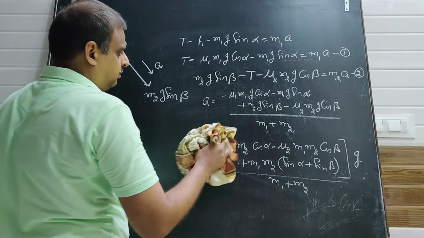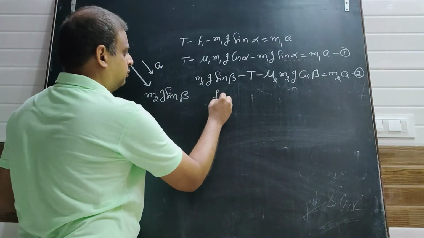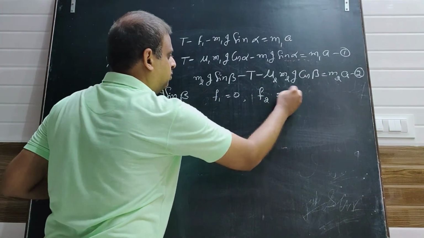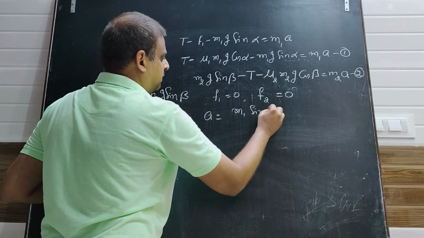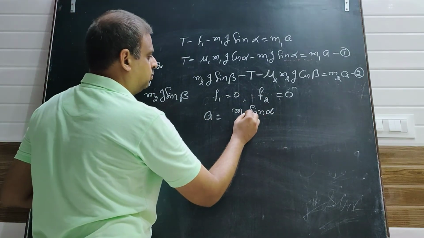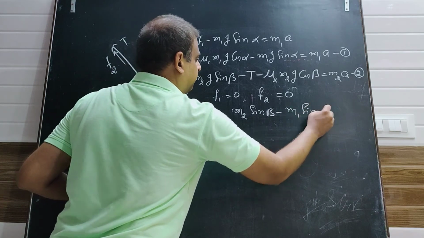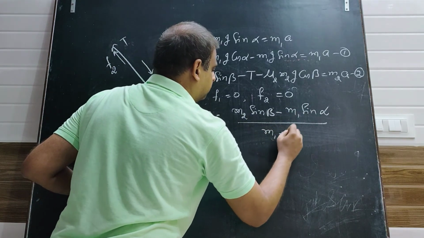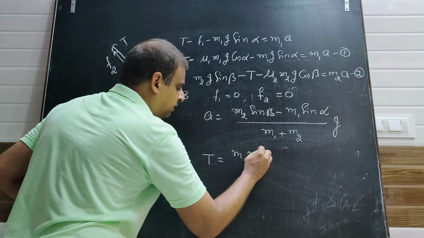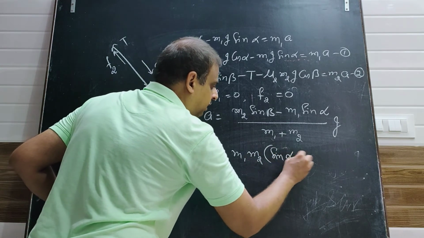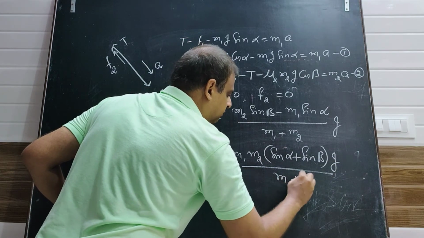Suppose F1 is 0, F2 is 0, then acceleration will be equal to m2 sin beta minus m1 sin alpha upon m1 plus m2 into g, and tension m1 m2 sin alpha plus sin beta into g upon m1 plus m2.